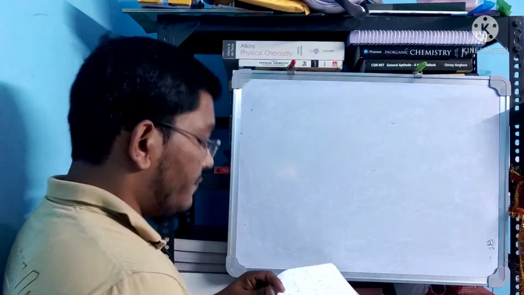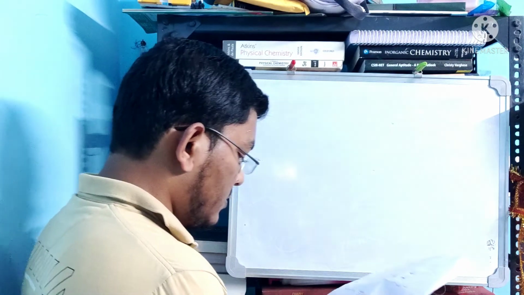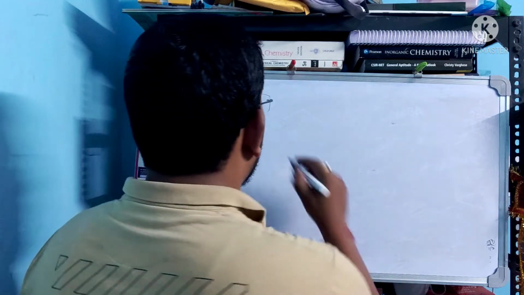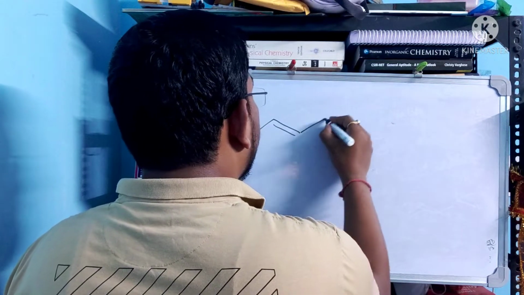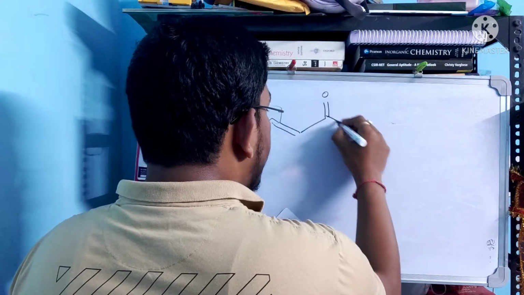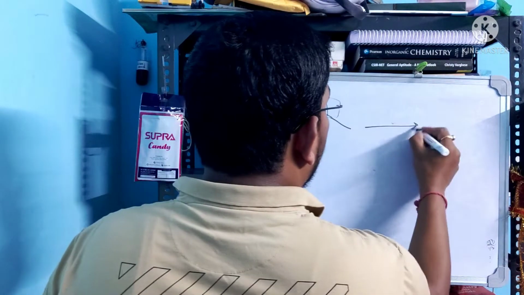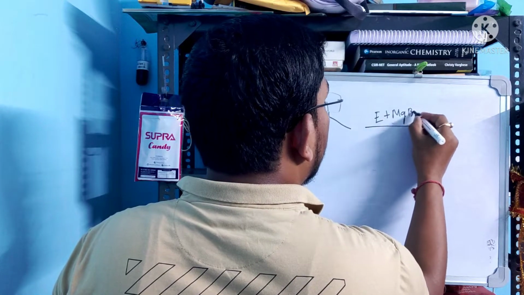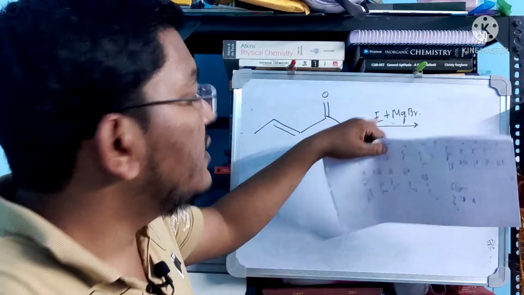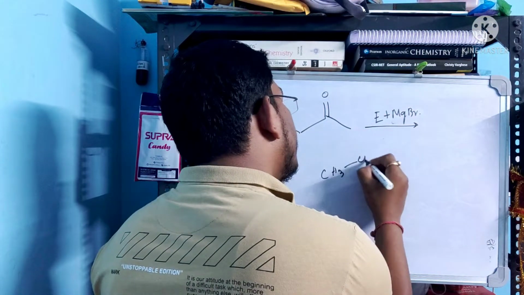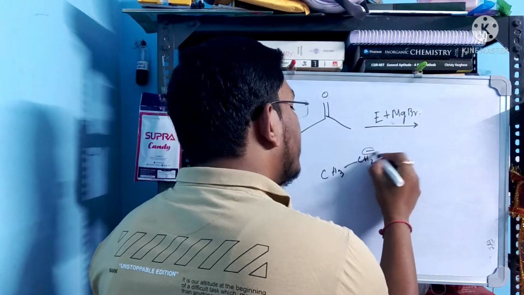Now, ethyl, like this CH3, it's a Grignard reagent, I think you know.